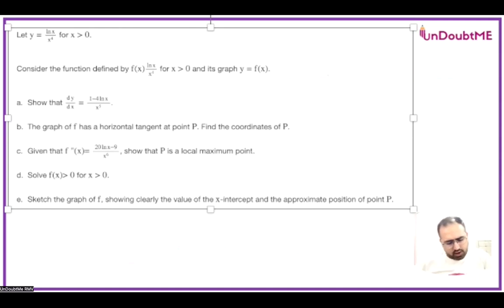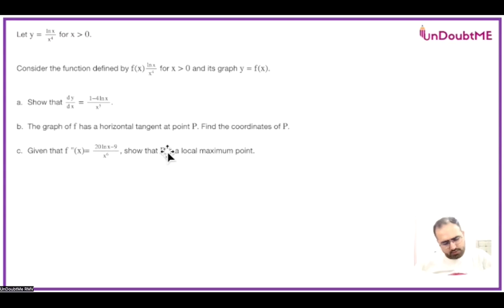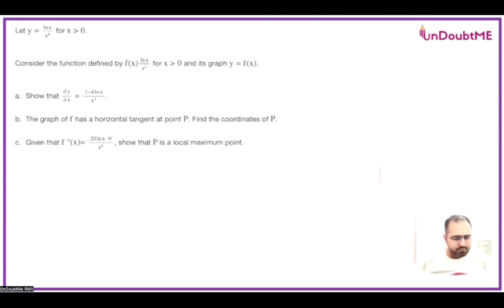Second part, the graph of f has a horizontal tangent at P. Find the coordinates of P. So m is equal to 1 minus 4 ln x over x raised to 5.